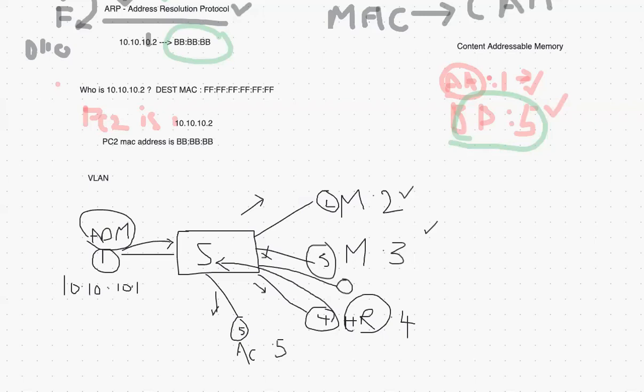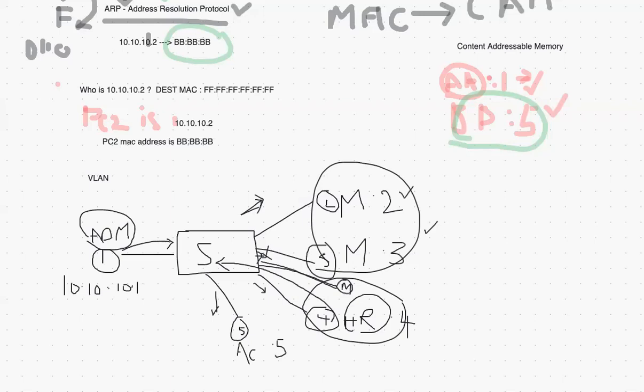There is no separation of this department versus this department. That means one more marketing user can connect to this switch. They can listen on that port because the switch is broadcasting to all the ports initially and seeing who responds back.